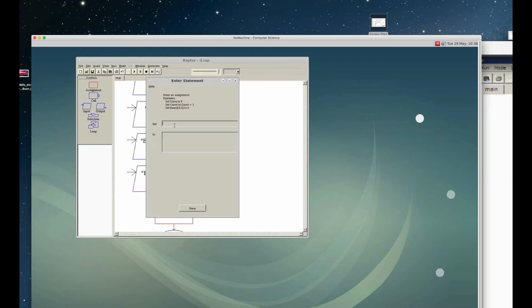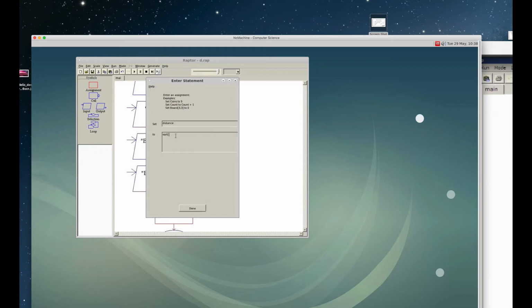So let's say distance. Distance is equal to square root. You can just write sqrt because it's already stored in Raptor. So sqrt means square root. Then we have to put double bracket because we are going to square root the whole thing.